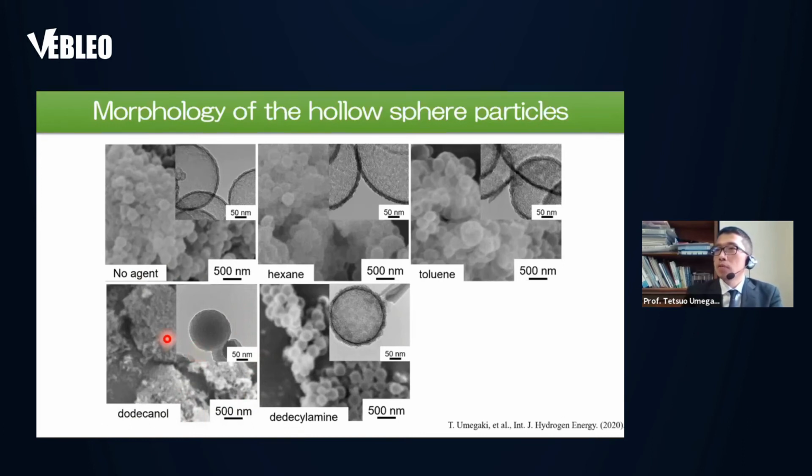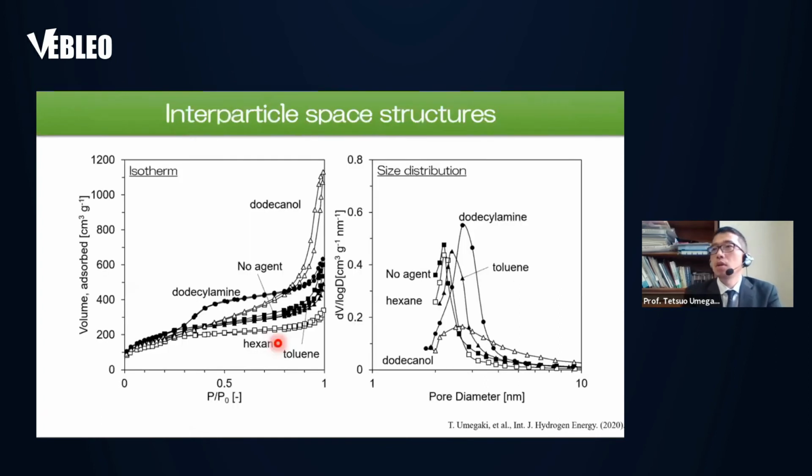Especially from the SEM images, the hollow spheres prepared without swelling agent and with dodecylamine show relatively high homogeneity. We tried to analyze the interparticle space structures from nitrogen sorption isotherms and the size distributions.